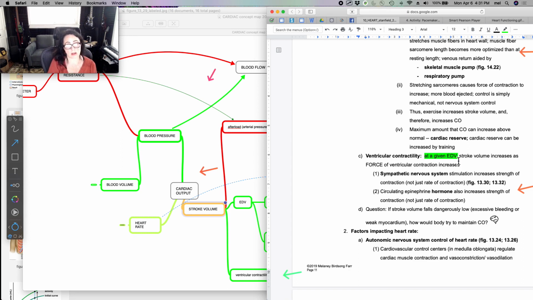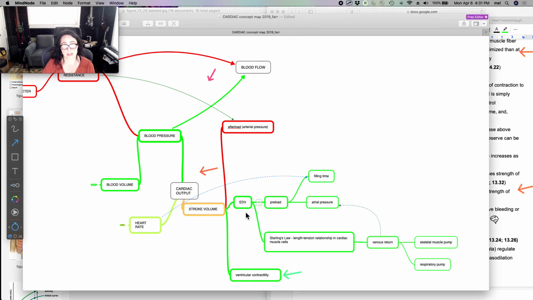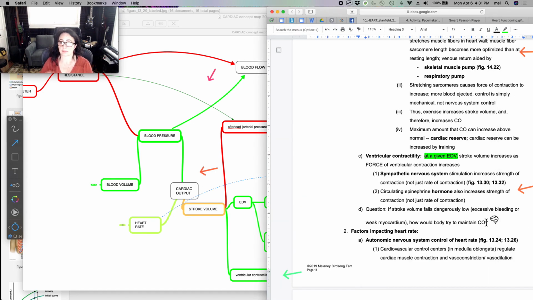We're going to hold the volume of blood in the ventricles constant. Even if you hold the volume of blood in the ventricles constant, there is a way to increase stroke volume that is not EDV dependent. And that is by causing the sympathetic nervous system to cause the ventricles to contract harder.